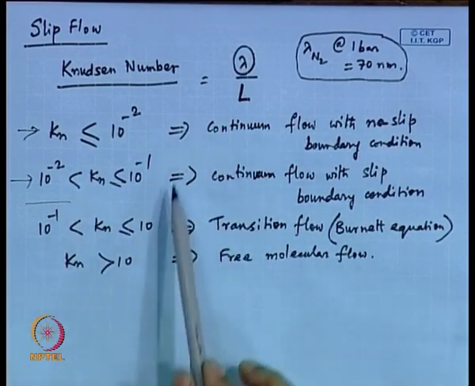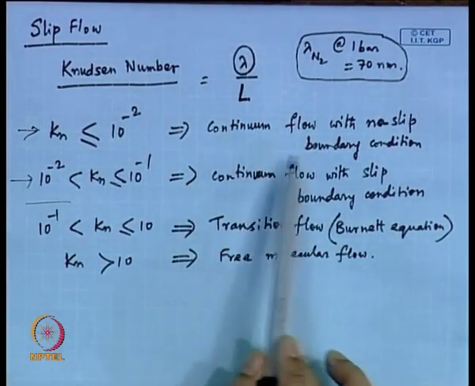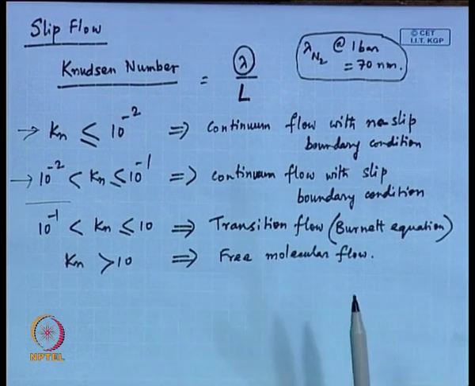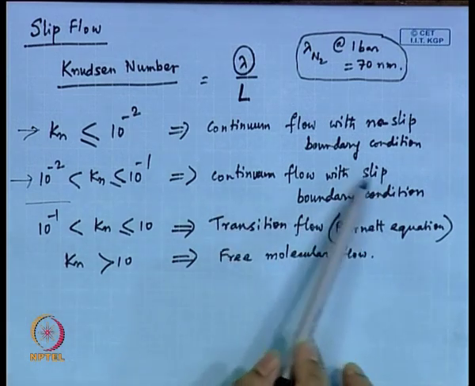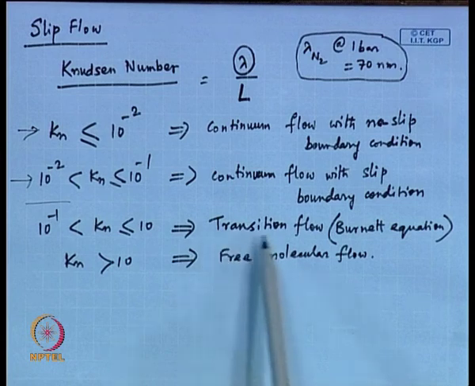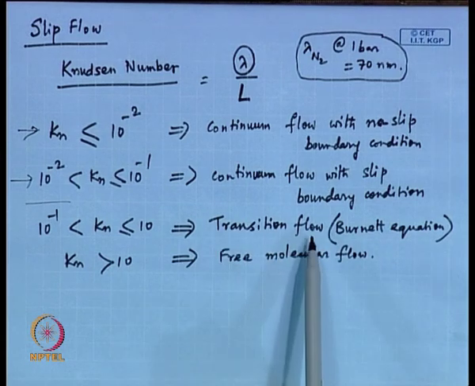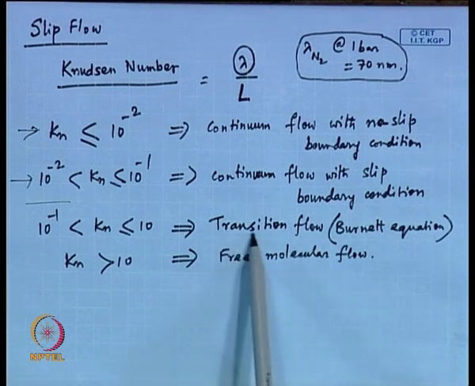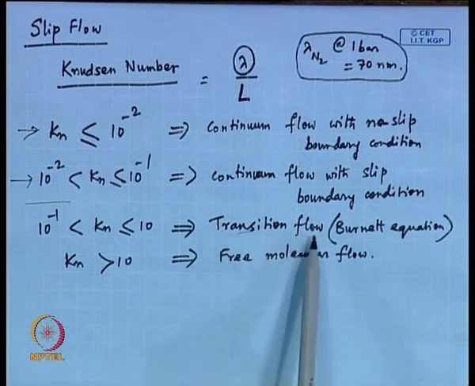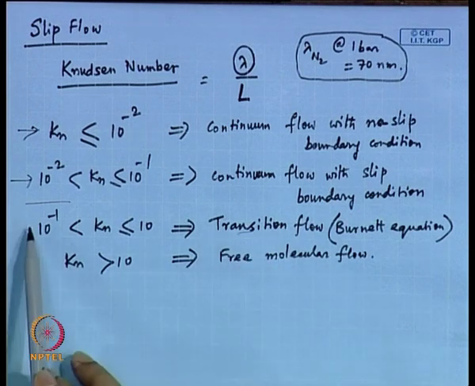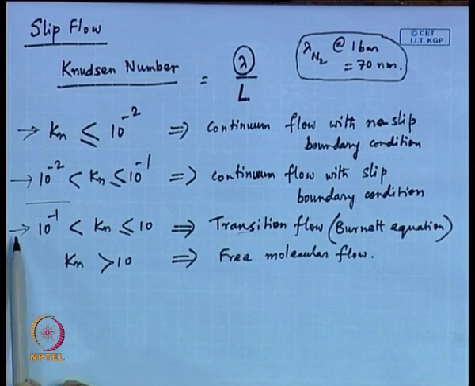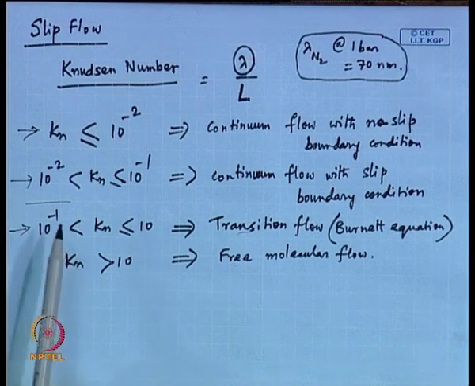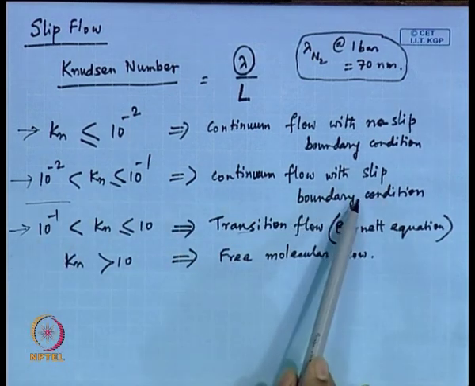So, here you are somewhere in between. You are not discarding the continuum flow, but bringing in some aspects of free molecular flow, so that you can make a makeshift arrangement. So, this is the makeshift arrangement. This transition flow equation is probably even more towards free molecular flow. This is a very important method, and you can take this as an assignment, but what in this class we will cover is only continuum flow with slip boundary condition.